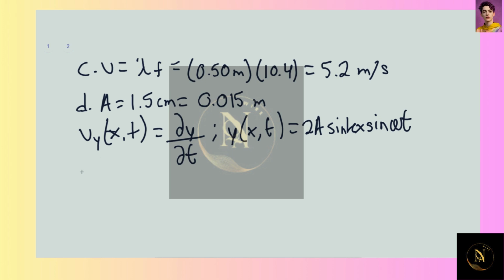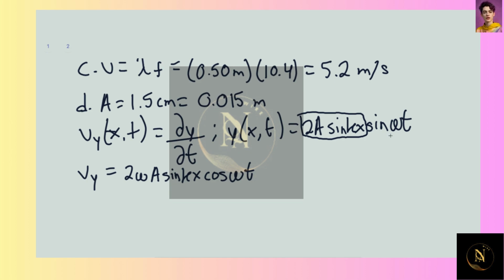And then for Vy, if we're going to differentiate this with respect to t, this entire thing is going to be a constant. So we're really only differentiating this part. So we'll say 2 omega A sin(kx) cos(omega t). Taking the derivative of sin(omega t) will simply be cos(omega t) times omega. So we have that extra omega right here.